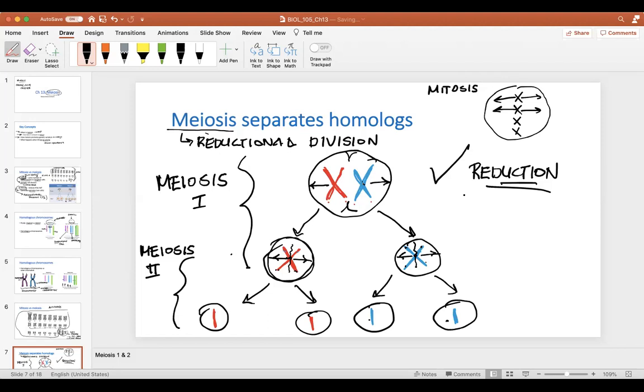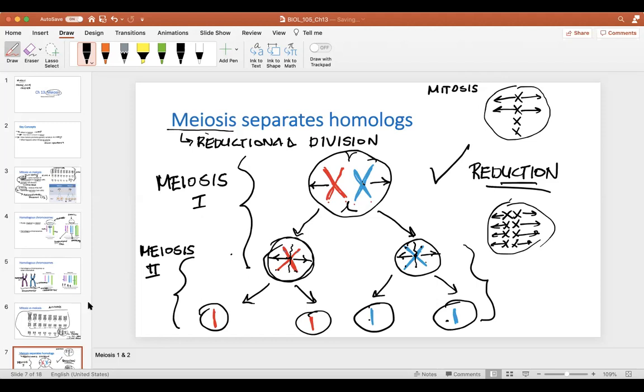In meiosis with an O, during meiosis 1 metaphase, the chromosomes line up 2 by 2 with the homologs lining up next to each other, and then they pull apart. And so that's really the key to the reduction that we're going to see in meiosis 1. And then meiosis 2 is really just like mitosis, okay?